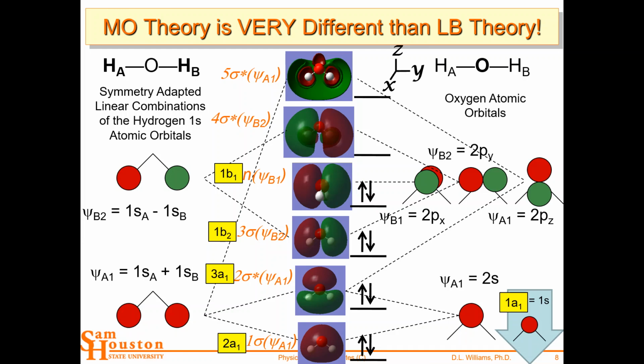We might say that's non or anti-bonding because there's a node that breaks those bonds. Here, this one contributes to the bonding between the oxygen and the hydrogen because the node is right down the middle of the oxygen, but there's electron density between those charges on the nuclei on either side.